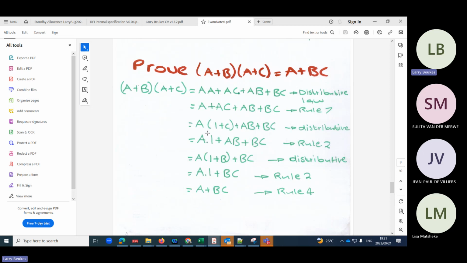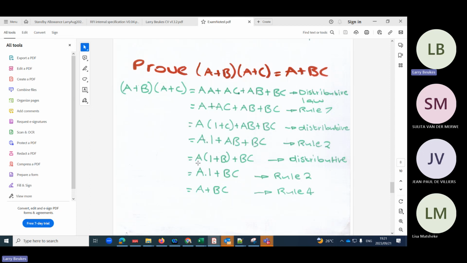Here it is: 1 plus C is 1. I even drew it not so long ago. So it's the annulment law, and this 1 plus C equates to 1. That's why you see A ended with a 1. Then this and this remain the same.